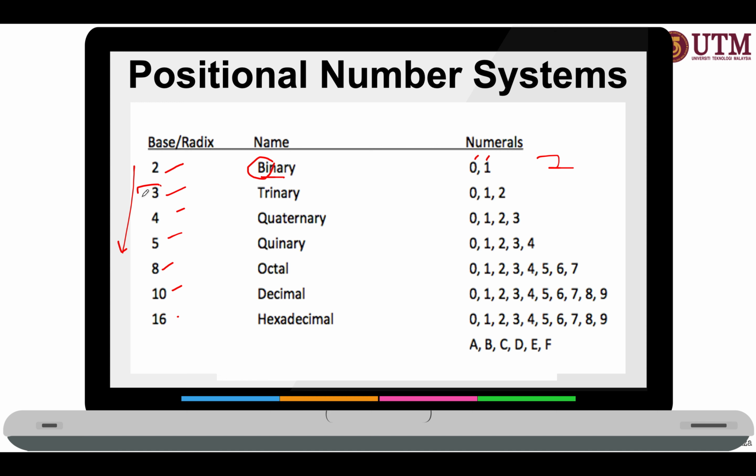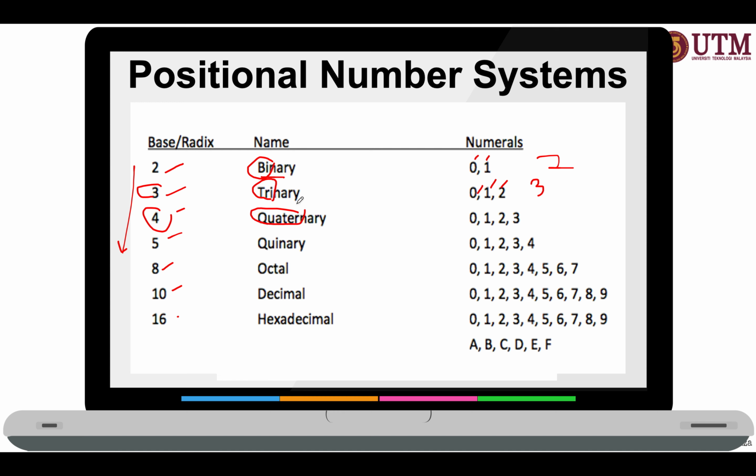For the third, tri in science refers to 3. So ternary has numerals 0, 1 and 2, because it's base 3, so you have 3 digits.